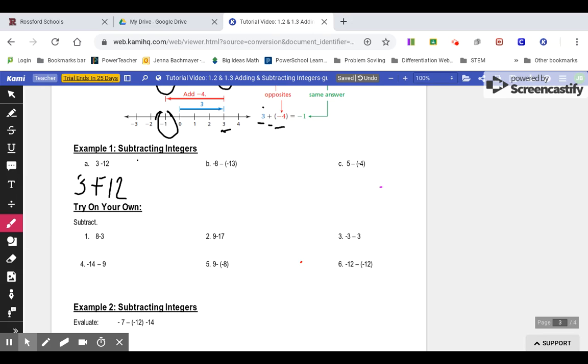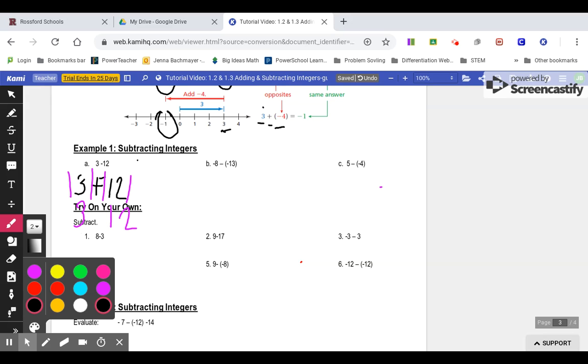We're going to take the absolute value of both numbers and figure out which one has the greater absolute value. We have a 3, and then we have a 12. Since 12 is greater than 3, when I subtract this, 12 is going to go first. 12 minus 3, and we get 9. And since 12 is originally a negative number, our answer is a -9.